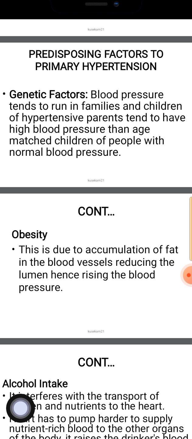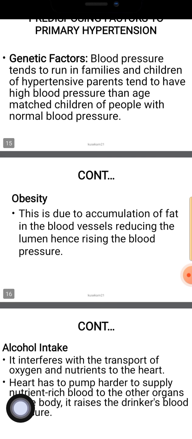So blood pressure tends to run in families, and children of hypertensive parents tend to have higher blood pressure than age-matched children of people with normal blood pressure. So genetic factor is one of them.